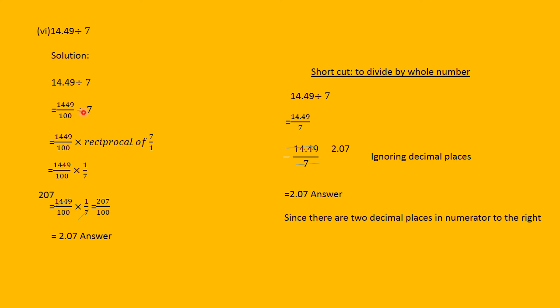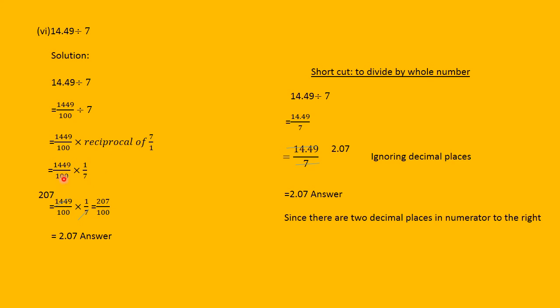Divided by should be written as multiplication, reciprocal of 7. 7 means 7 upon 1, because there is nothing in the denominator. So into reciprocal of 7 upon 1. Interchanging 1 and 7, it is 1 upon 7.